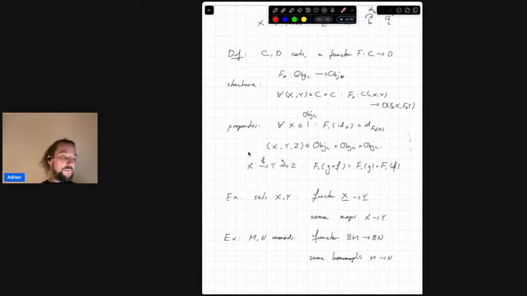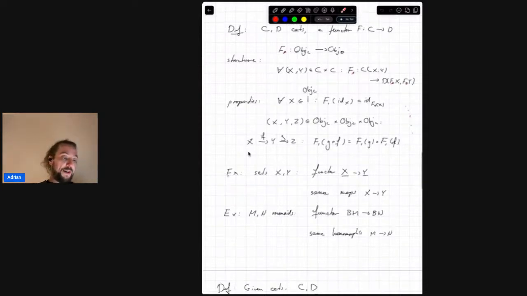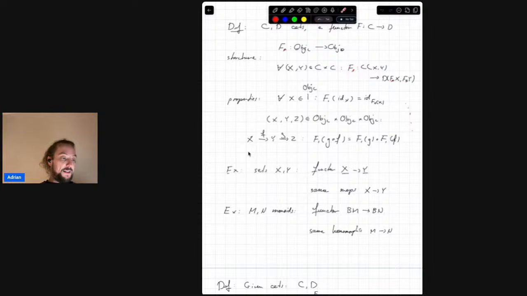So a functor between 2 categories C and D gives you a map between the sets of objects. So this is how a functor looks a bit like a map between sets. But then for any 2 objects in a category, and here for consistency, I should have written this slightly differently.